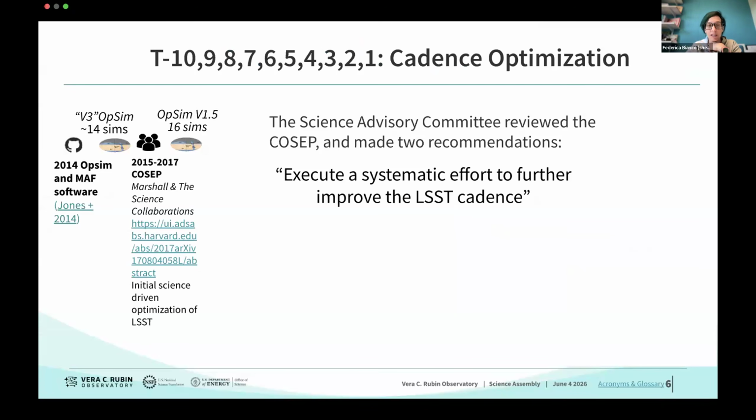The systematic process of exploring the potential survey strategy parameter space began roughly in 2014 with the construction of these 2 pieces of software and with the engagement of a somewhat restricted group of people led by Phil Marshall, mostly people that were in science collaborations and quite engaged, that first explored a set of 16 simulations and built the first set of metrics, MAFs, to evaluate their scientific throughput.